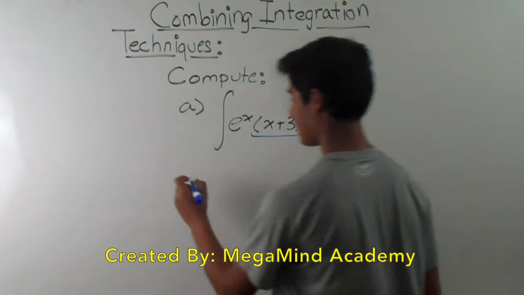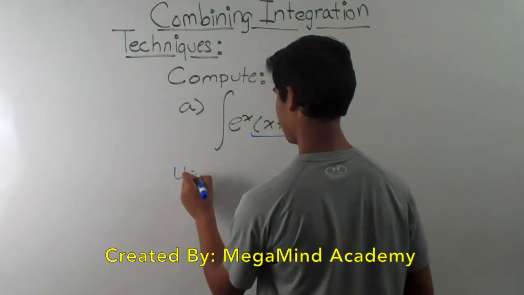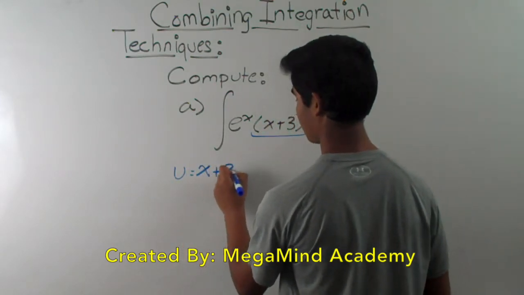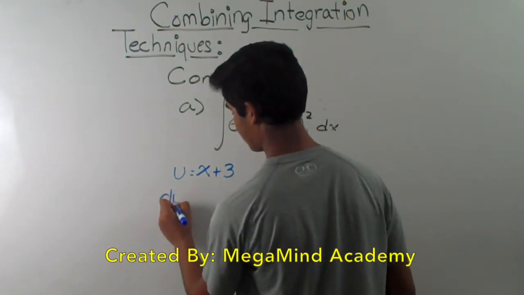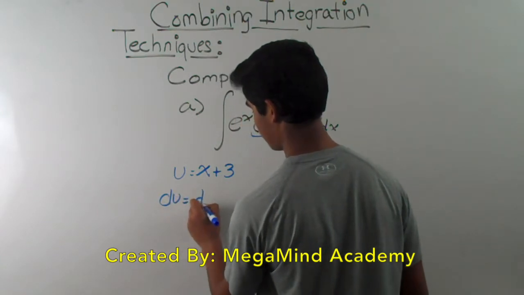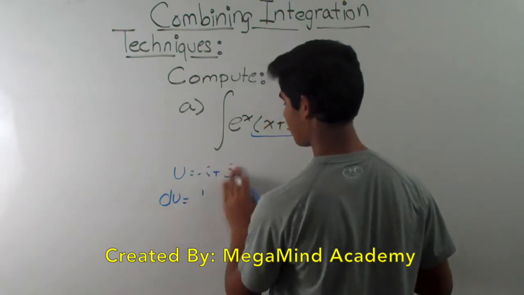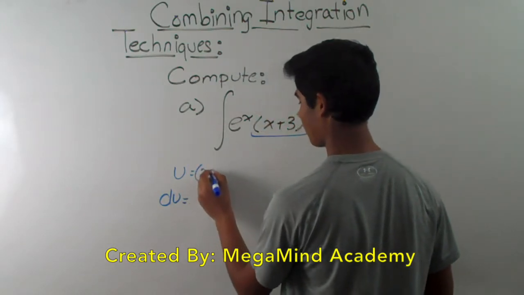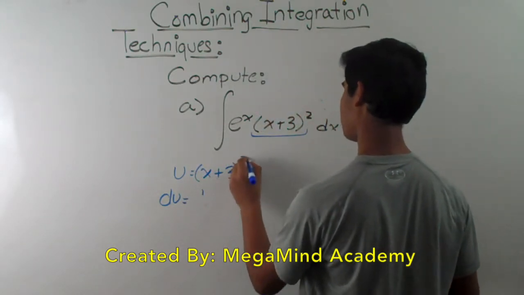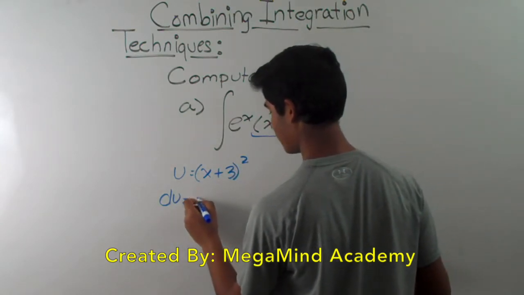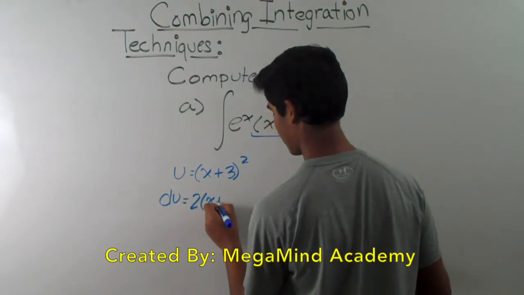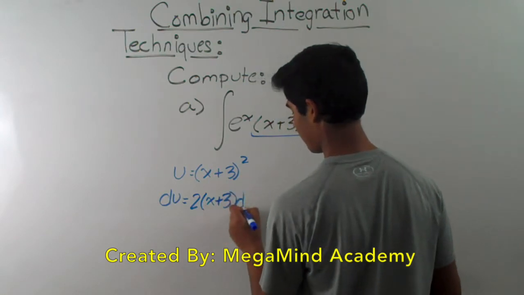So, let's say that u is x plus 3. That means that du is equal to dx. Or let's say that u is equal to (x plus 3) squared. That means du is 2 times (x plus 3) dx.